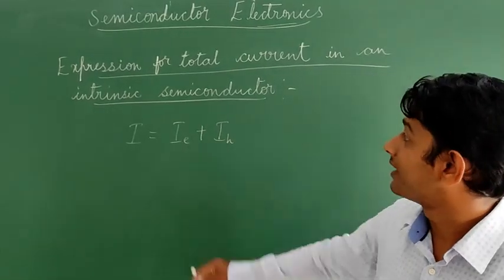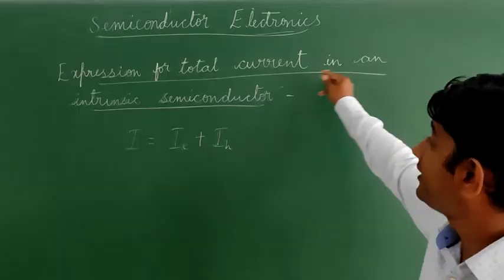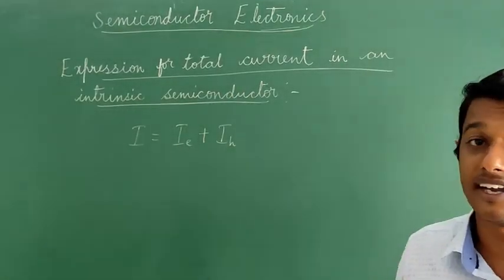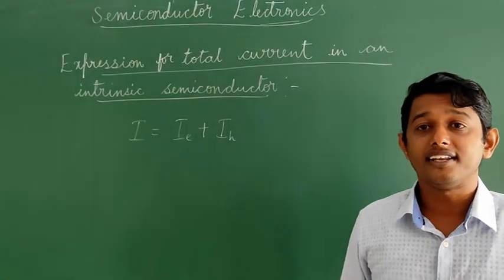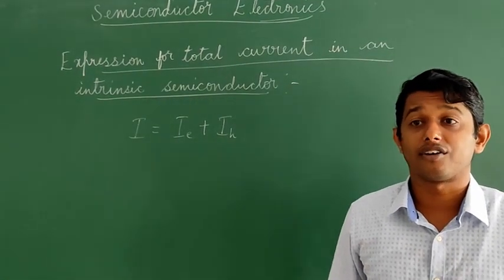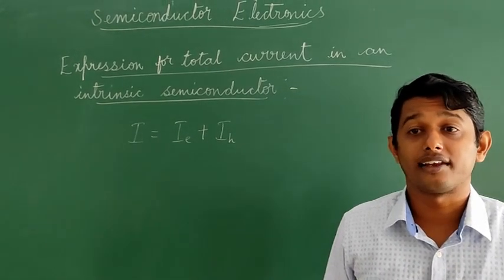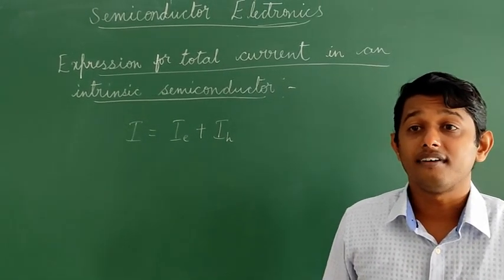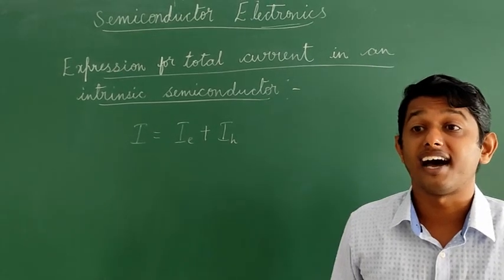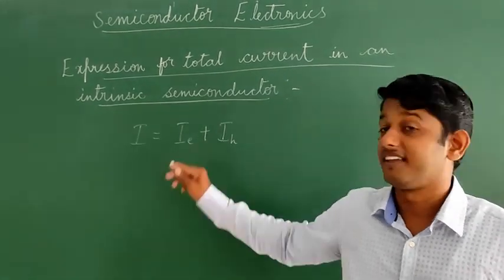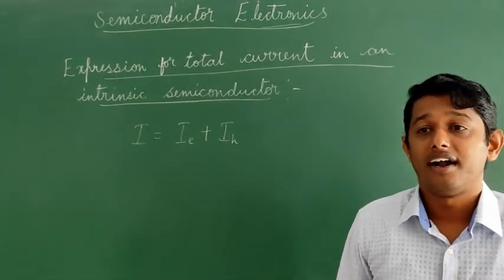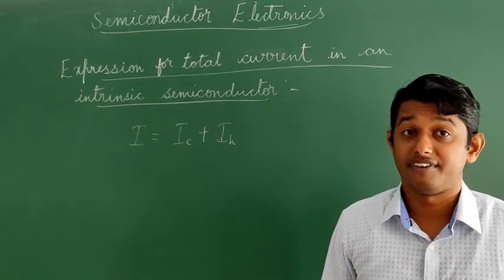The next topic is expression for total current in an intrinsic semiconductor. Here, free electrons move completely independently as conduction electrons and give rise to an electron current IE under an applied electric field.